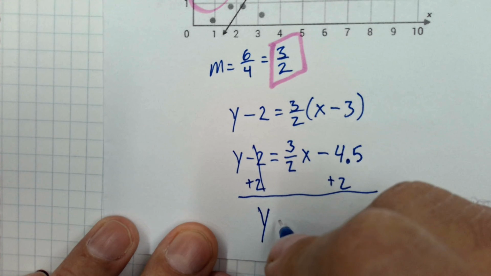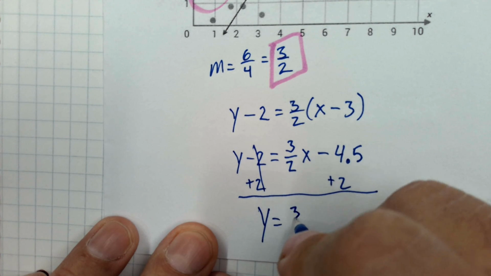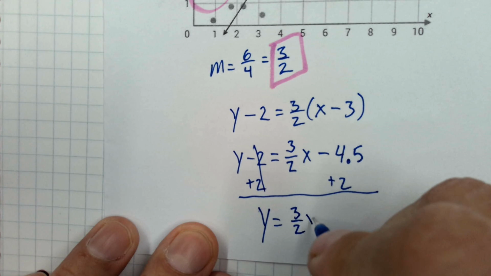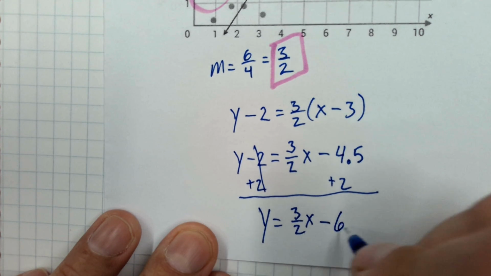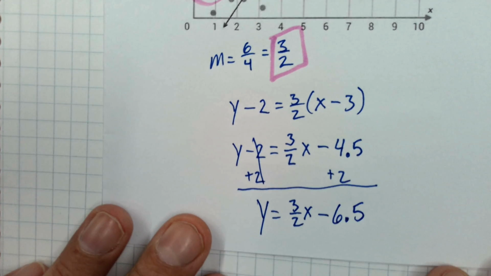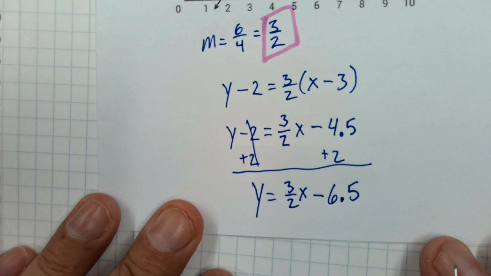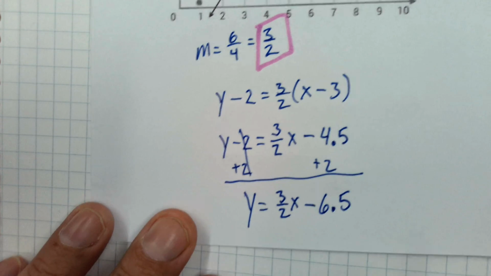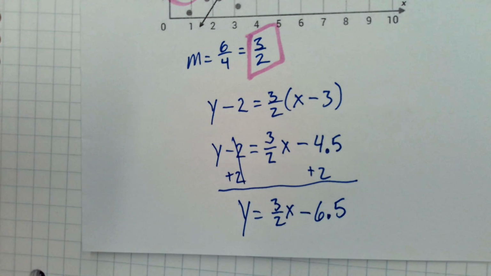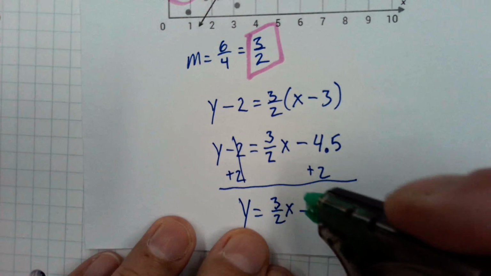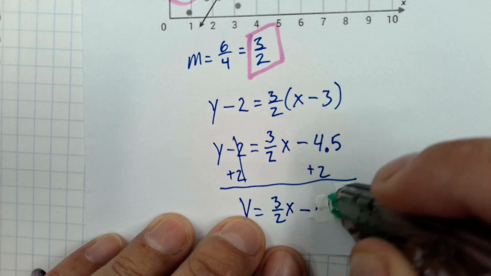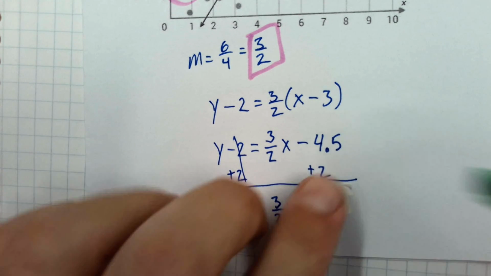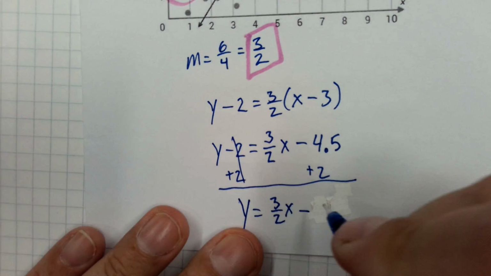So in the end, you end up with y equals 3/2 x minus 6.5. Oh, yeah. Sorry, we got to subtract these. I added when I should have subtracted. 2.5.